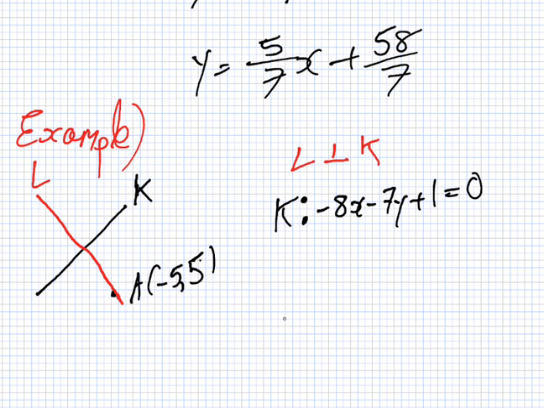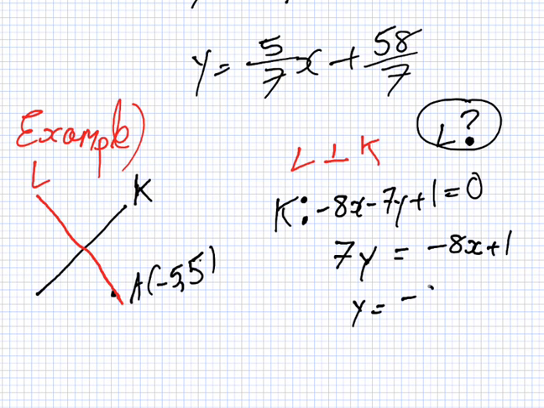Okay, so I want to find the equation of L. So first I need the slope, so first I need to rearrange it. So I'll get 7y equals, yeah, so I'm looking for L here, like before. 7y equals minus 8x plus 1.